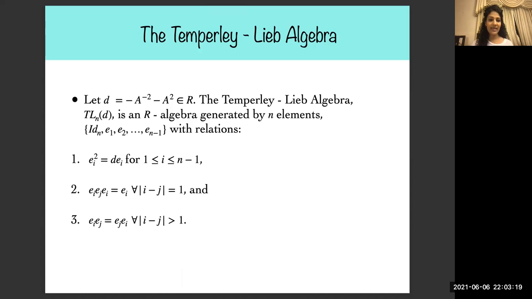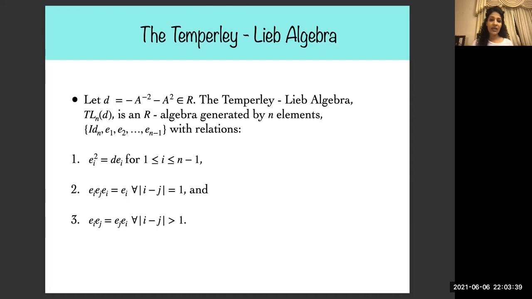The first one is that e_i squared is d e_i when i is between 1 and n minus 1, including both of these. The second is that e_i e_j e_i is e_i whenever i and j differ by 1. And the last one is that e_i and e_j commute when i and j differ by a number greater than 1.